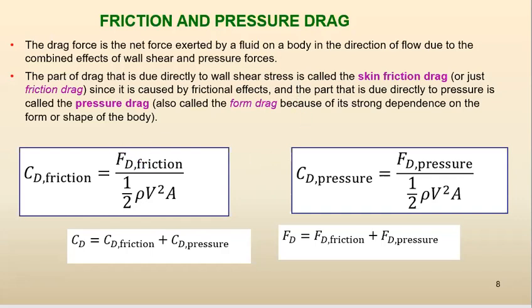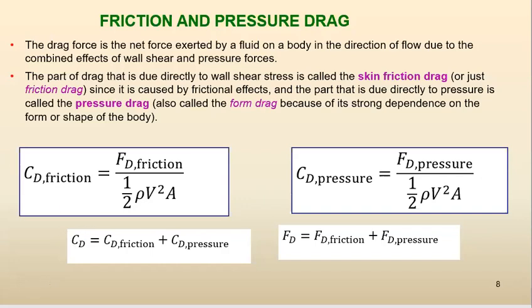So the part of the drag that is due directly to the wall shear stress is called skin friction drag or just friction drag, since it's caused by the frictional effects. And the part that is due directly to pressure is called the pressure drag, also called the form drag, because of its strong dependence on the form and shape of the body.